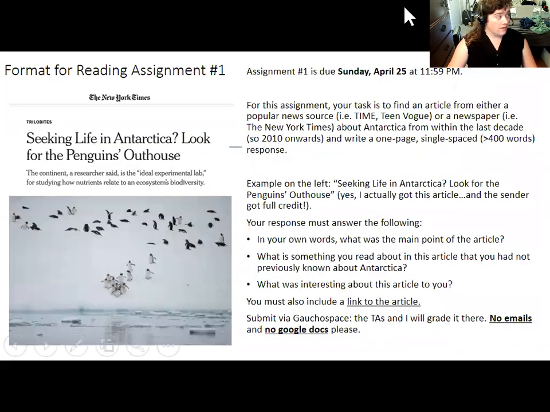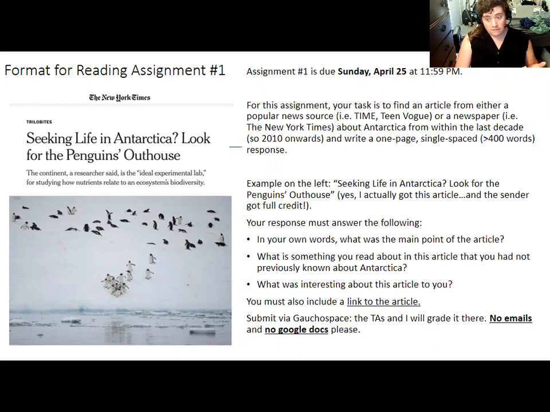So for assignment number 1, you saw the slide set before, but this assignment is to find an article from a newspaper or a popular news source about Antarctica from within the last decade, so 2010, 11-ish onwards, and your response is pretty open.